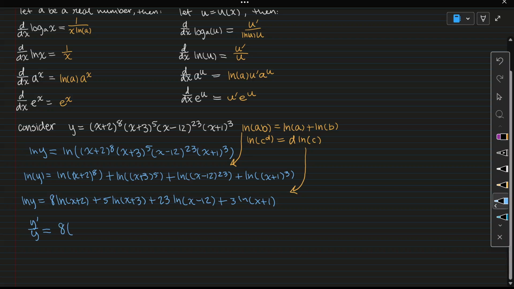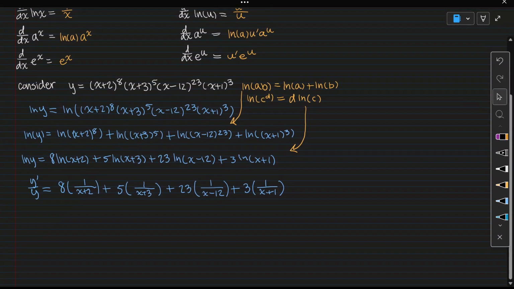So I have 8 times, I leave the function at the bottom, so 1 over x plus 2, the derivative of x plus 2 is 1, plus 5 times 1 over x plus 3, the derivative of x plus 3 is 1, plus 23 times 1 over x minus 12, plus 3 times 1 over x plus 1.